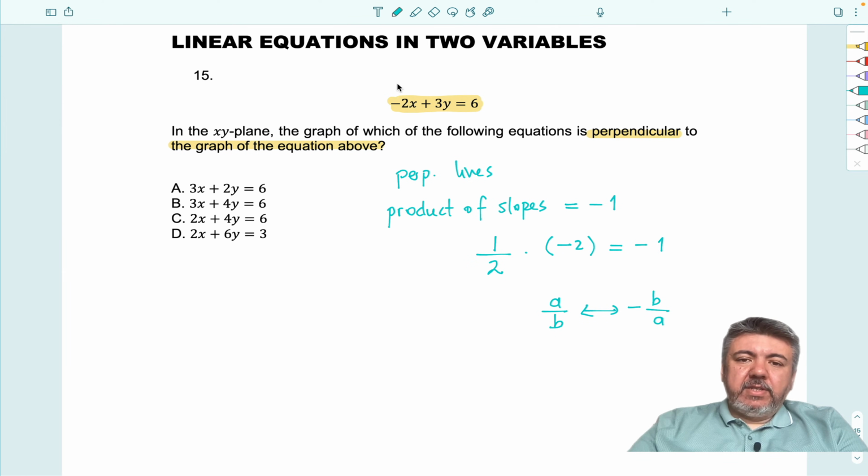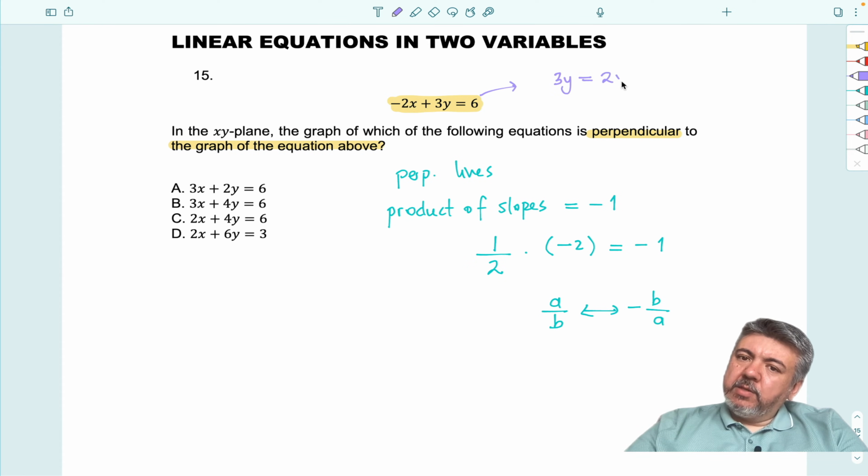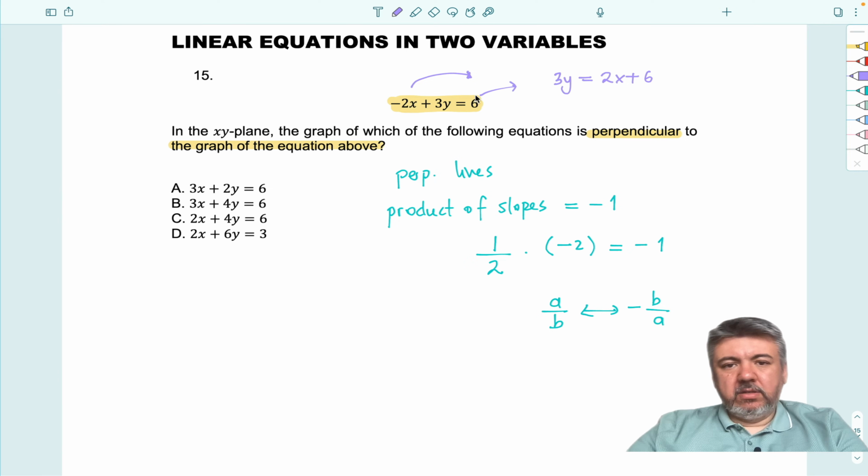So first let's find the slope of our line. It's 3y equals 2x plus 6. I'm taking the 2x to the right and dividing by 3. y equals 2/3 times x plus 2.